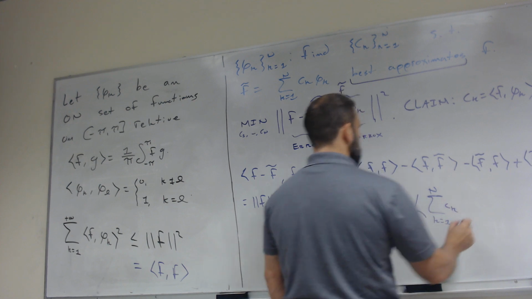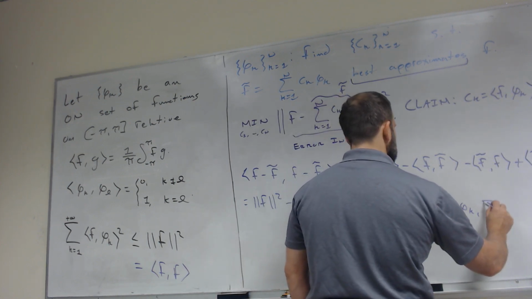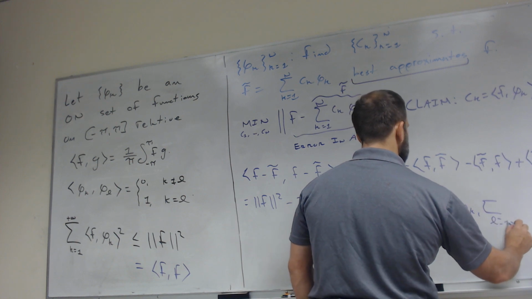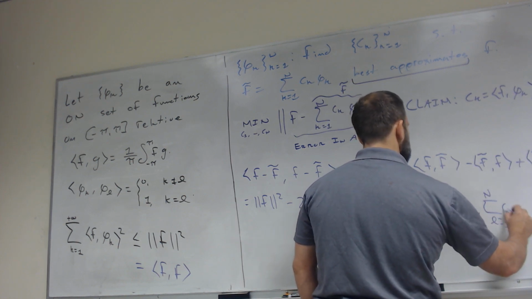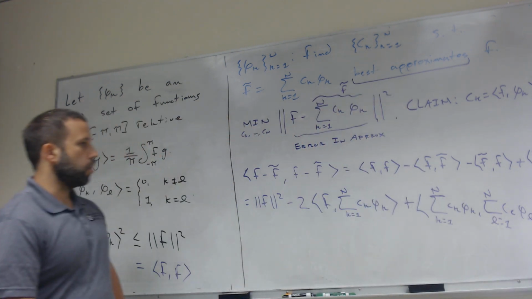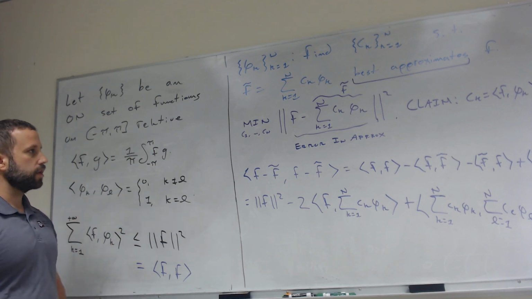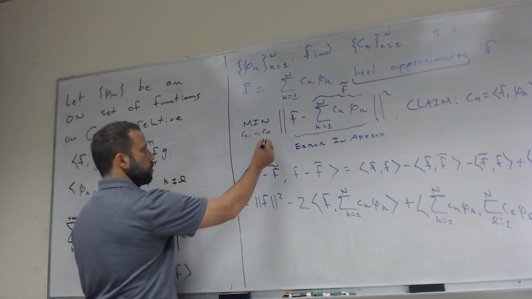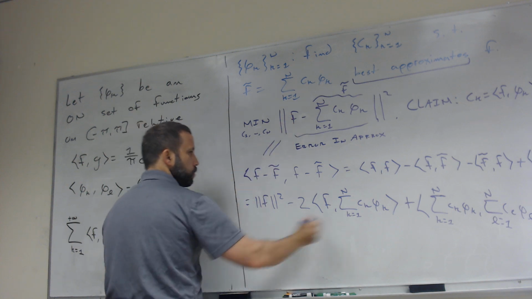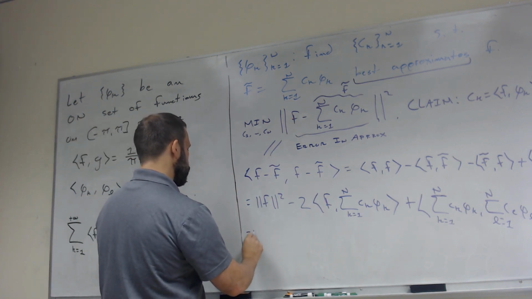But I'm going to use the index k for this first factor, and then for the second factor, I'm going to use index l. Okay, so all I've done is rewrite what this all is, expanded out what this is. So let me remind you, this is equal to this. Okay, so let's do some more rearranging.